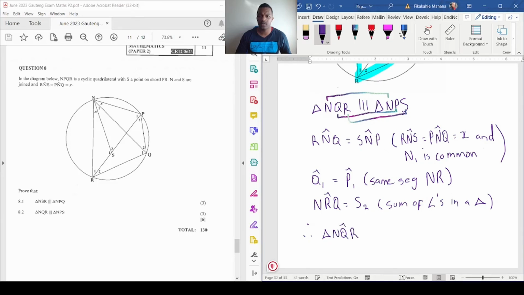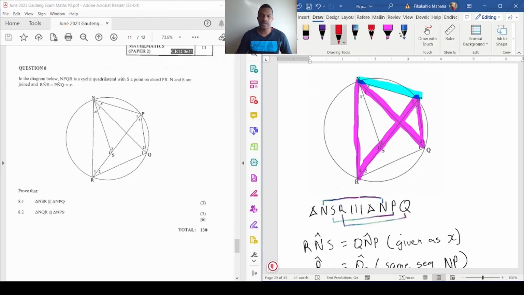Oh, no, we're not looking at angles this time, so rub that cap. We don't need it. Triangle NQR is congruent to triangle NPS. And the reason is angle, angle, angle. That is how you prove it.